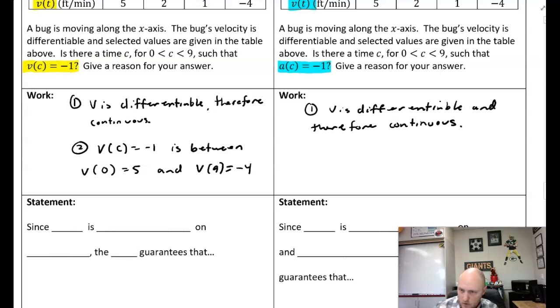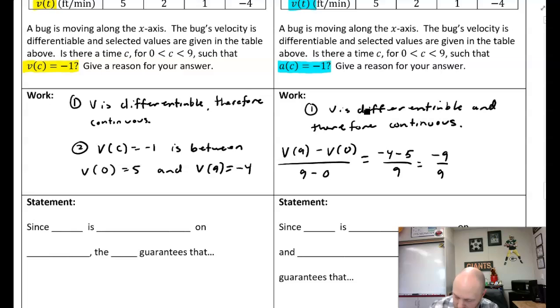And then we need to calculate, okay, what is v of 9 minus v of 0 over 9 minus 0, the average rate of change on that interval, which happens to be -4 minus 5. We just found those values, divided by 9. So we have -9 over 9, which equals -1. Okay, and thus we have shown a of c is equal to v prime of c, which equals -1.